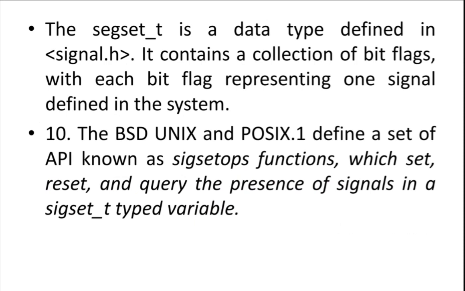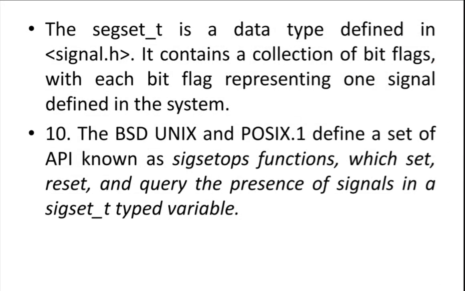So this derived data type sigset_t is defined in the signal.h header. What does it contain? This data type contains a collection of bit flags, with each bit flag representing one signal defined in the system. So in this data type you can add any number of signals. The data type can contain any number of signals. For each signal you are going to maintain a bit flag.